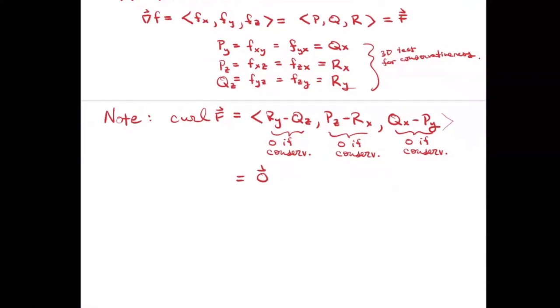Okay, so here's a 3D test for conservativeness. This also works in 2D, right?